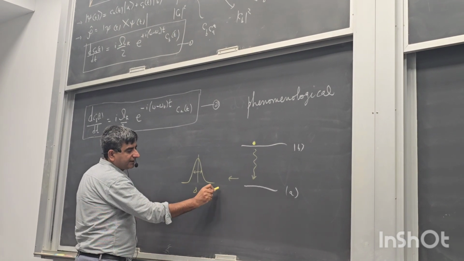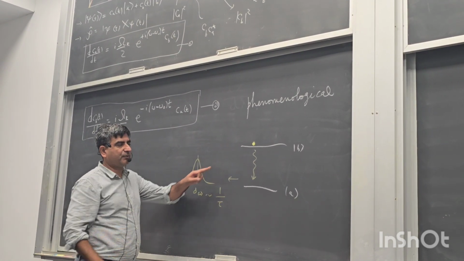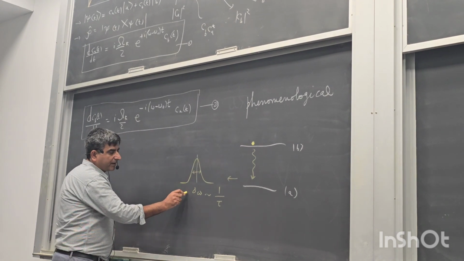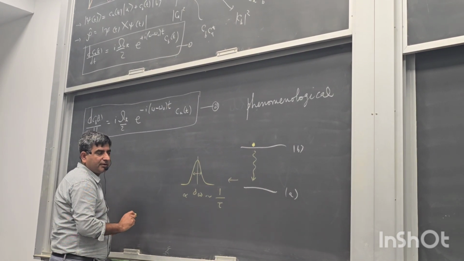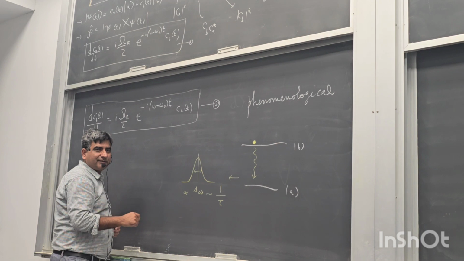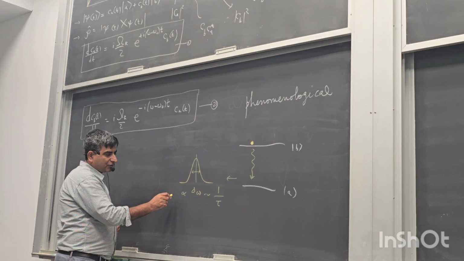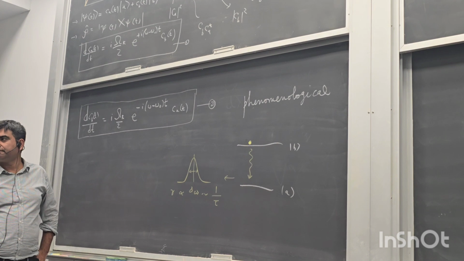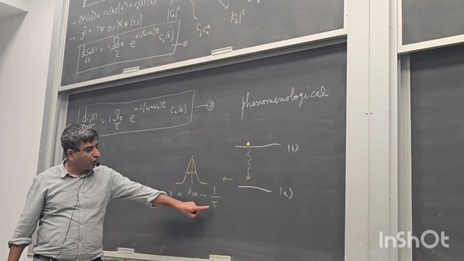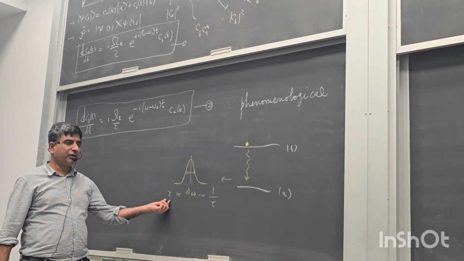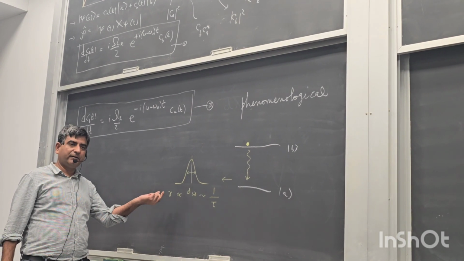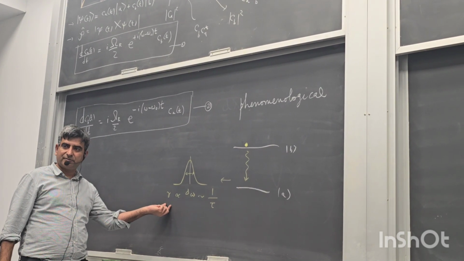This delta omega is inversely proportional to the lifetime of this state. And this delta omega is also proportional to a decay rate. Let's call that decay rate gamma. So, the longer the lifetime, the smaller the decay rate. This is the decay rate for spontaneous emission.